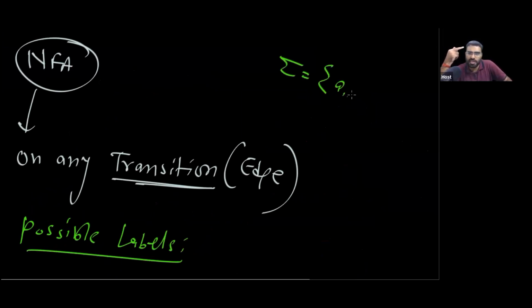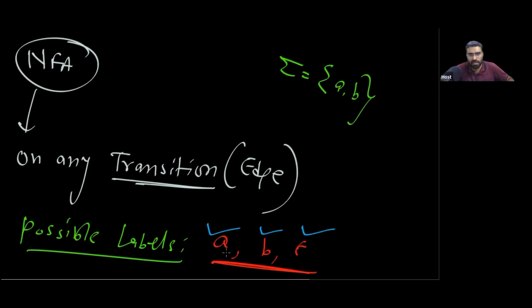If your alphabet is A comma B, the possible labels are A, comma B, comma epsilon. Yes or no? These are the possible labels, correct? On any transition, these are the only possible labels. No other label is possible.